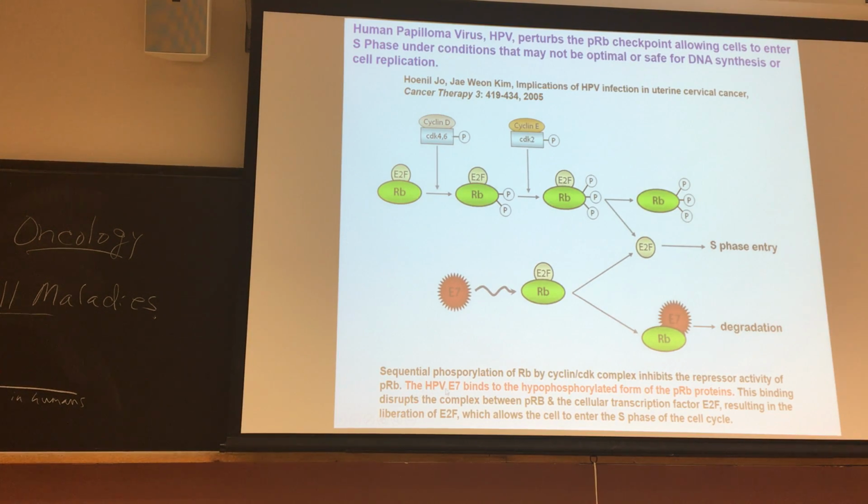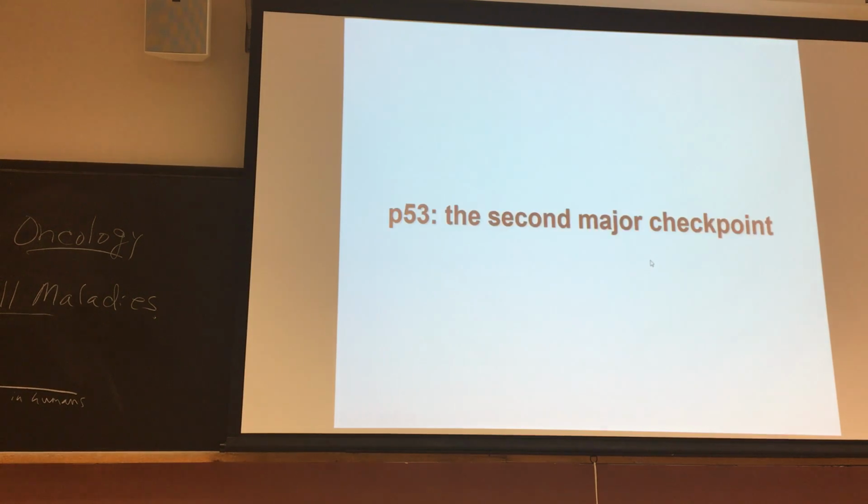So the HPV E7 protein binds to hypophosphorylated PRB and degrades them, and as a result, it releases the free E2F factors which stimulate S phase entry in cell development.